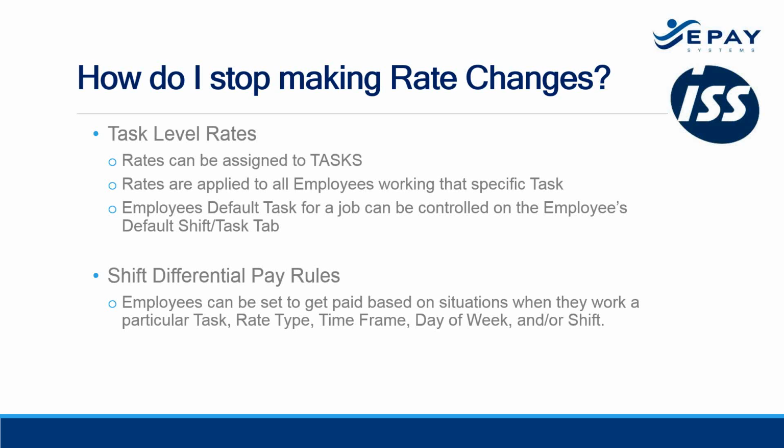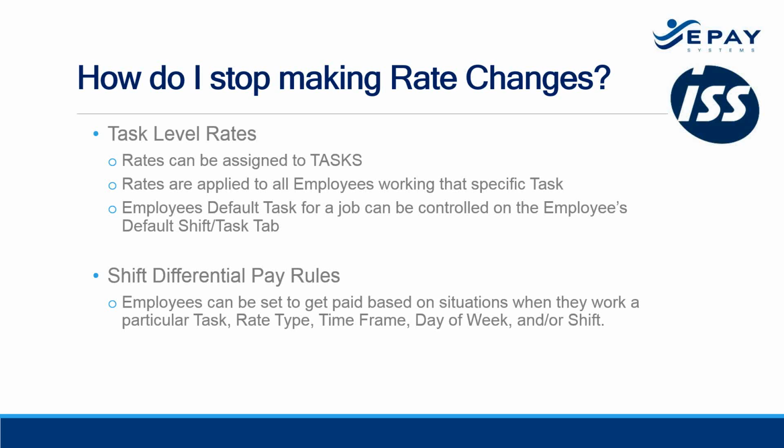Now, the flip side of that is if local management, supervisor, or district manager decide they don't want the employees clocking into a task, they want the system just to punch in, punch out, and then they'll adjust the task later. You can always go back into the timesheet or time card, sorry, either one, and adjust that task as needed.